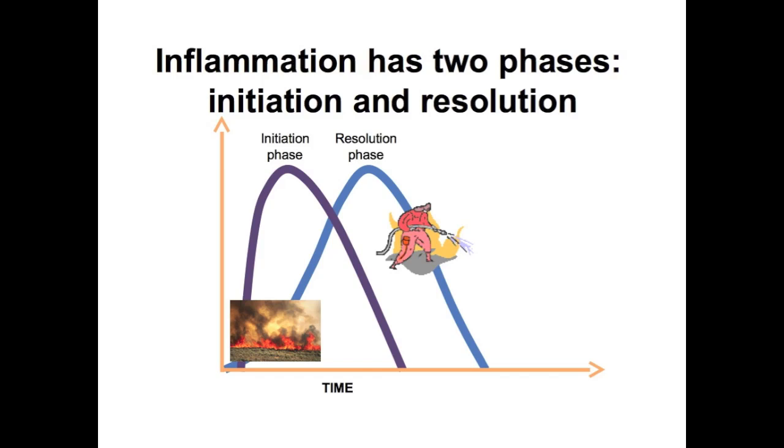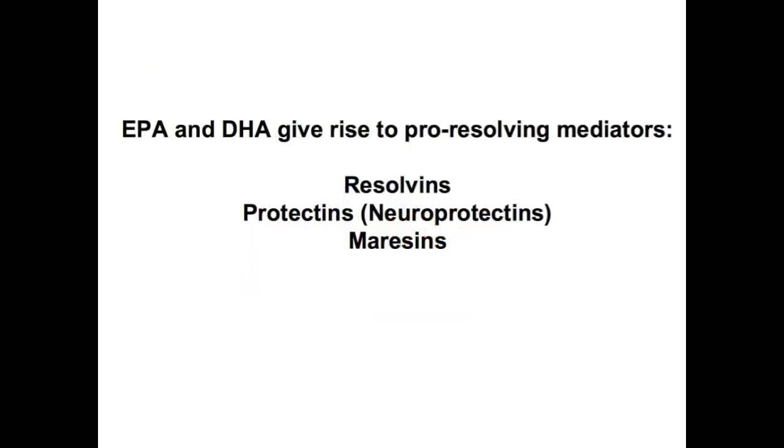And maybe in inflammatory conditions, one of the problems is not the initiation, but a failure to resolve, a failure to turn inflammation off. In other words, a failure of the fire brigade to either come or to function very well. So the fire keeps going.